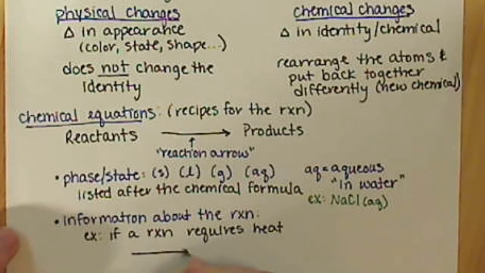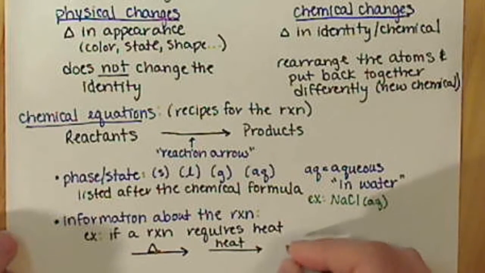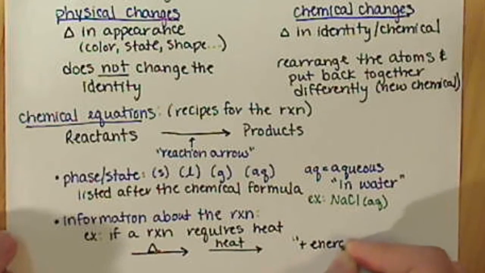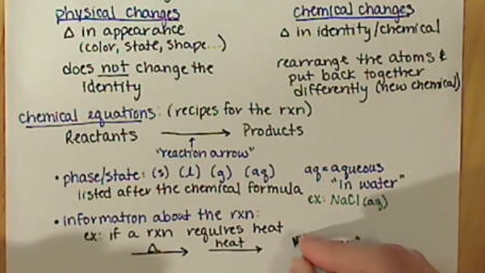We can say over the reaction arrow, put a delta symbol, so the triangle representing that heat had to be added. Other times you'll just simply see heat over the reaction arrow. Or we could just say plus energy in the reaction itself.